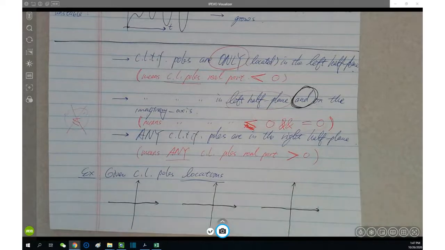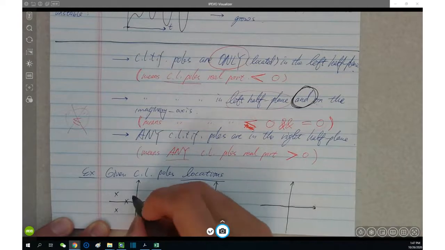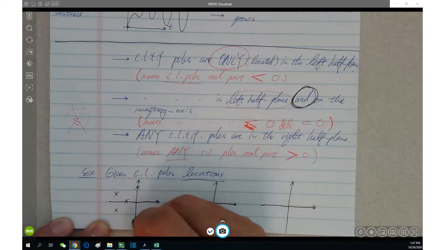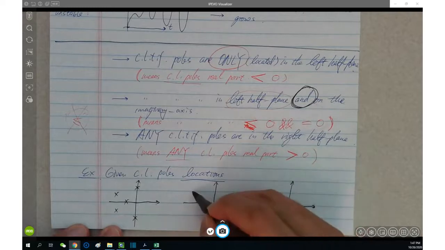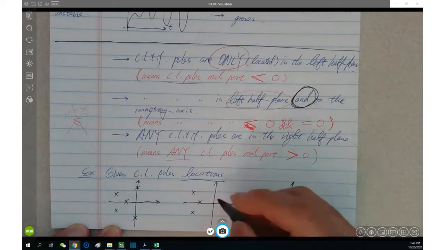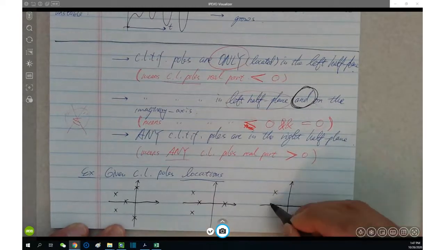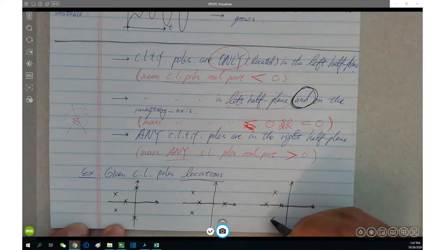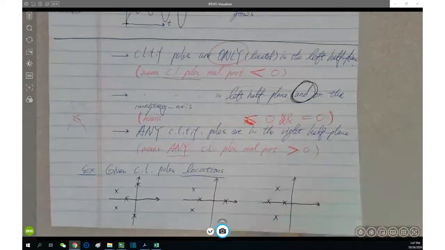First example is like this. Okay, take a look at this. Second system, if you locate all of the closed loop poles into the S-plane, you're seeing this. Three different scenarios.